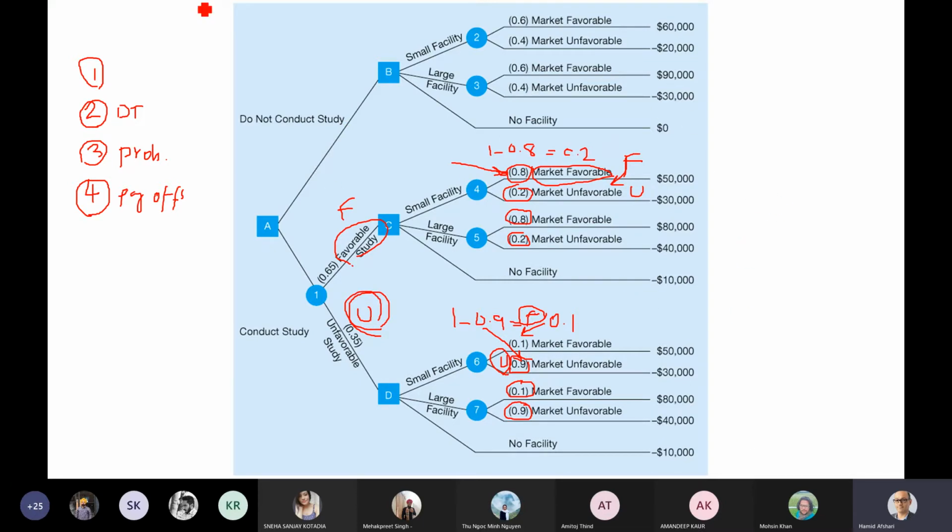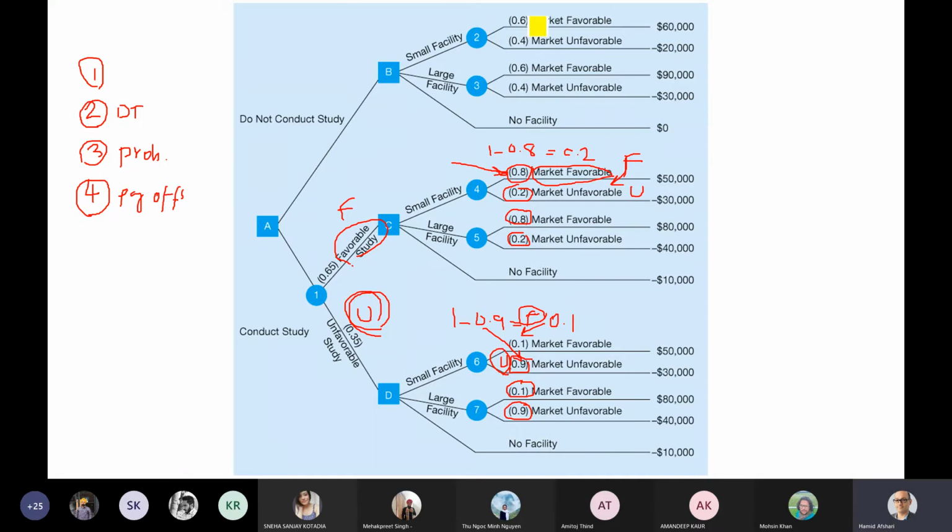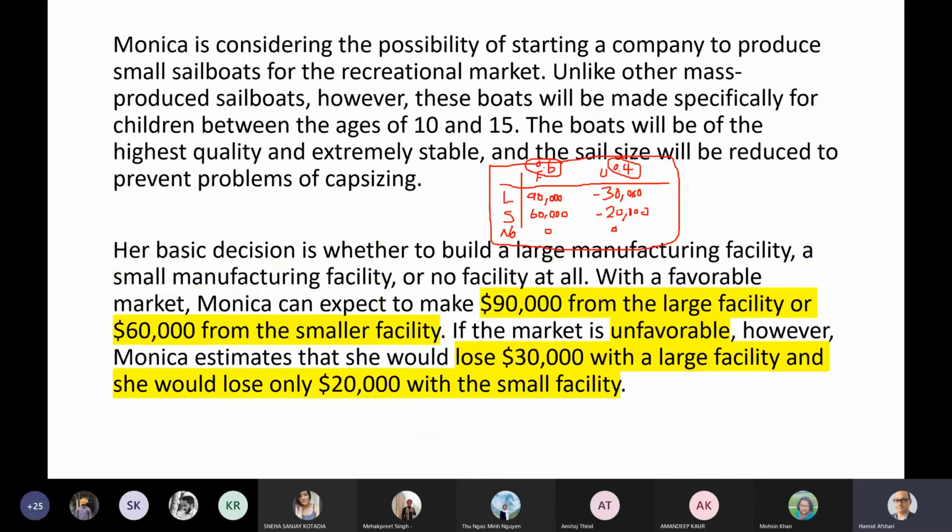If the market is favorable, let me use a highlight. If the market is favorable and the facility is small and we are not performing any study, how much is the value? How much are we earning?